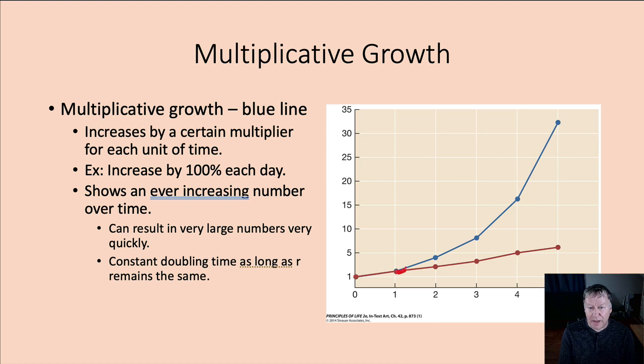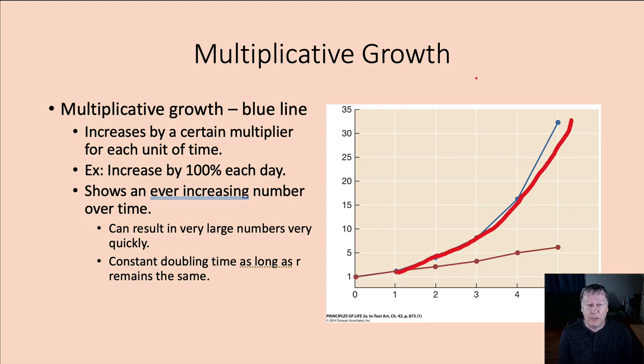Then the next day we have 4, then 8, 16, 32. And you can see we're very rapidly increasing the number of individuals in a short period of time. This can result in very large numbers very, very quickly. We constantly are doubling the double time as long as R remains the same.